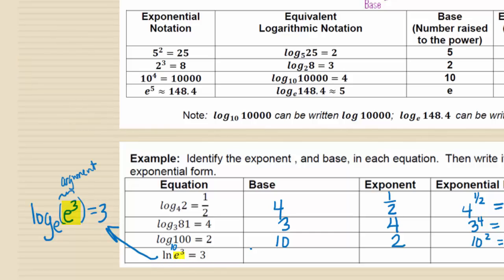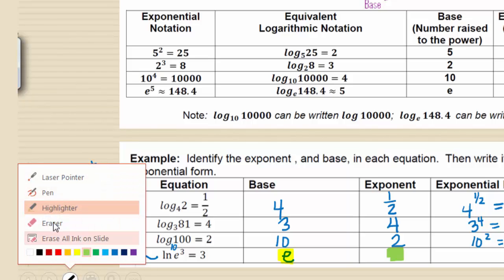What's the base referring to? We're referring to the base of the logarithm, which is what? E. Good. What's the exponent referring to? The 3 that it equals, right? So we're going to write 3 there.